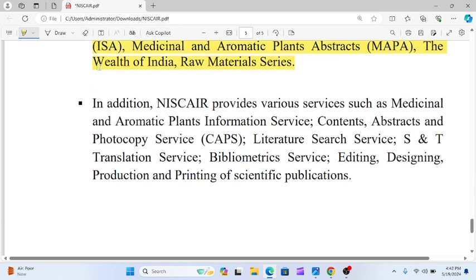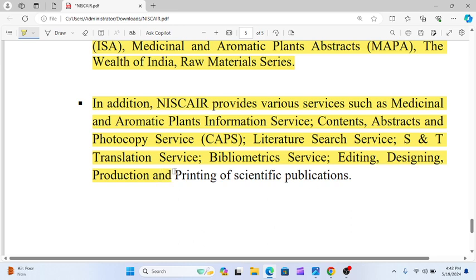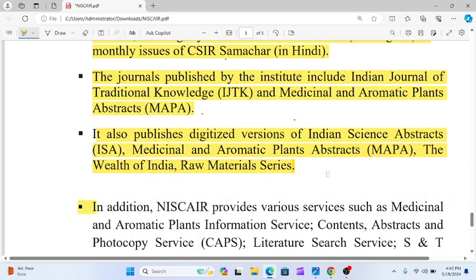In addition to that, NISCAIR provides various services such as medicinal and aromatic plants information service, contents, abstracts and photocopy services, literature search services, science and technology translation service, bibliometric service, editing, designing, production and printing of scientific publications. So this is all about NISCAIR.